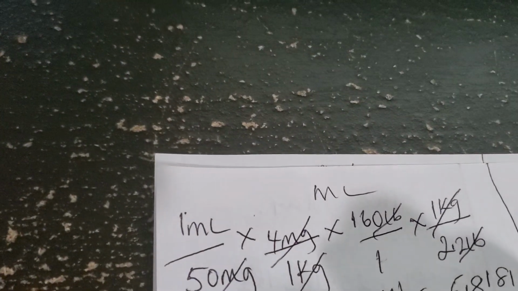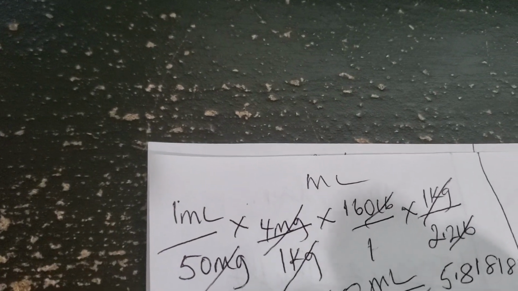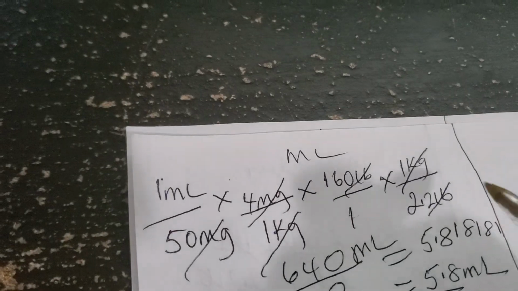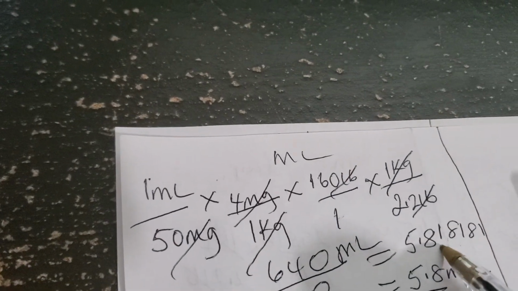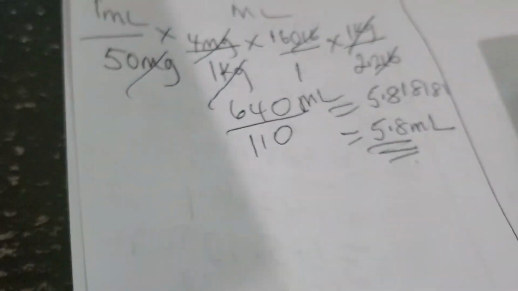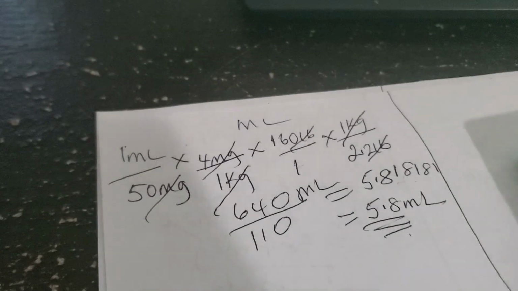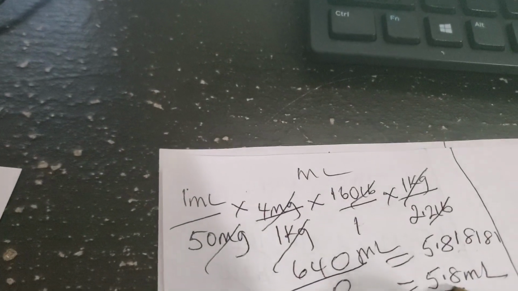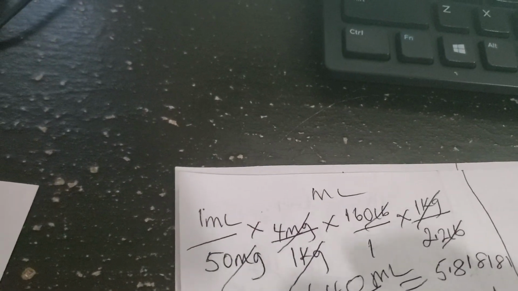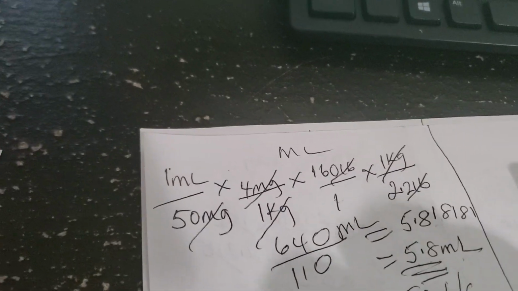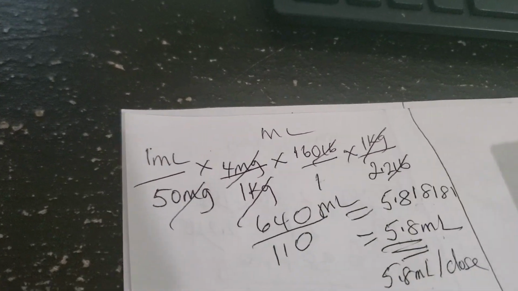To the nearest tenth is 5.8 mLs. This is the answer. I hope you got that. We drop the rest because they are less than 5. Okay. I hope by now you know the trick. Yes. So this is 5.8 ml per dose.